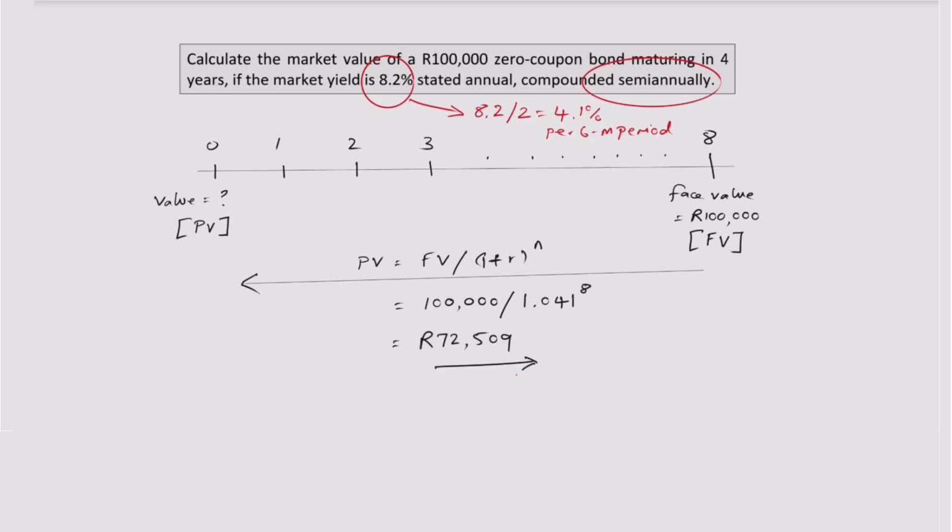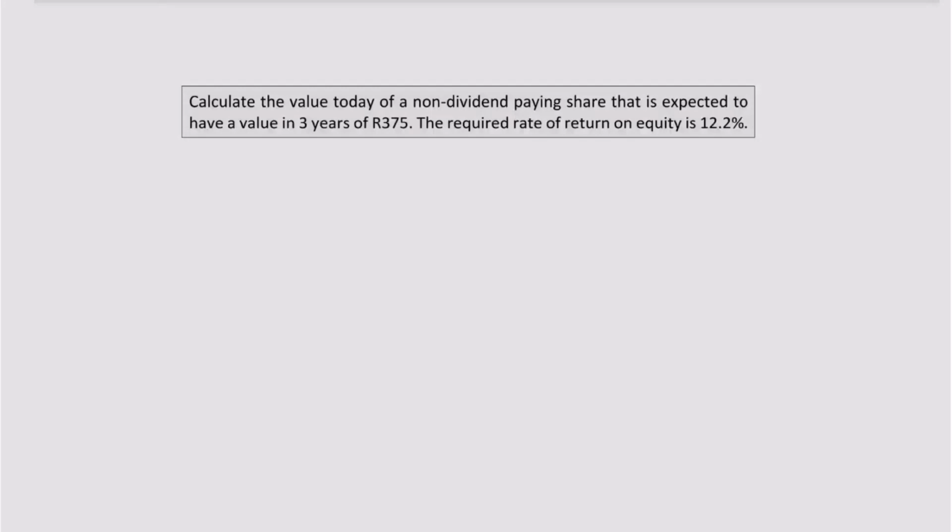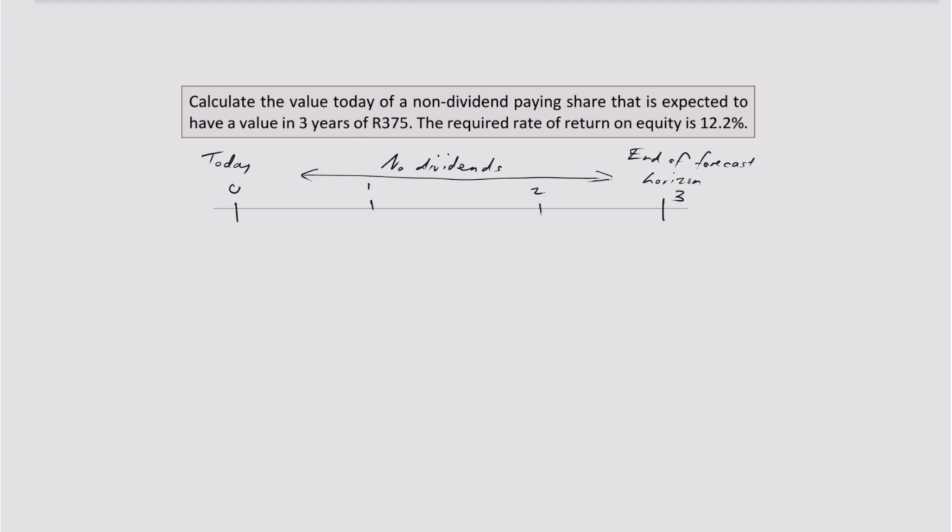In the last example for this video, we turn attention to the equity market. Here we consider a fairly plausible situation in which a share is not expected to pay any dividends in the near term. After 3 years have passed, the analyst forecasts a terminal value of 375 Rand for the share. Where does that value come from?